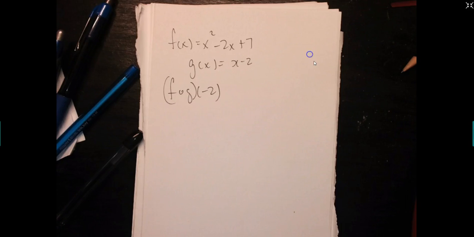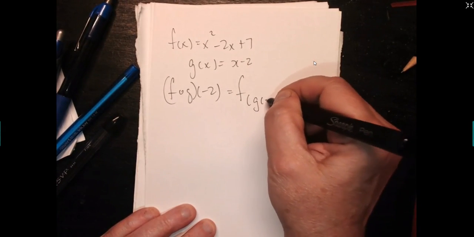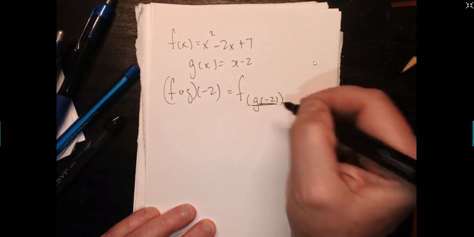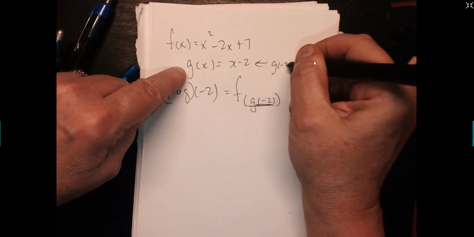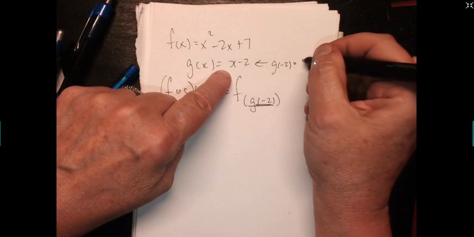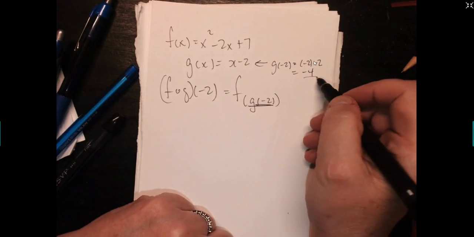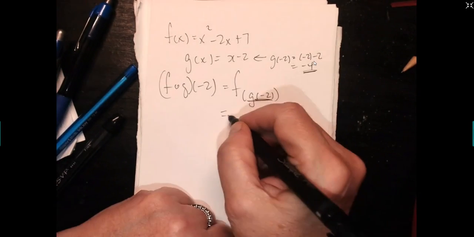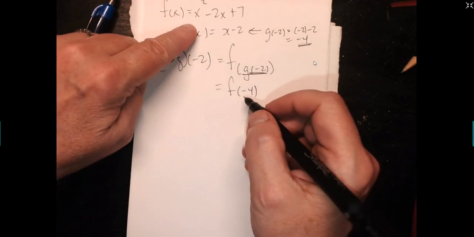Okay. So this is going to be f evaluated at g evaluated at negative 2. What is g evaluated at negative 2? Well, everywhere there's an x, I replace it with negative 2. And so g evaluated at negative 2 is negative 4. And so what is f evaluated at negative 4?